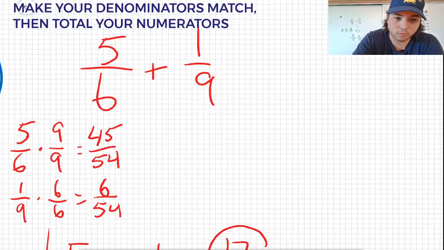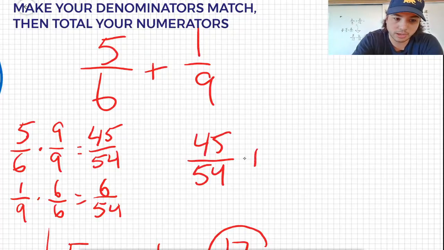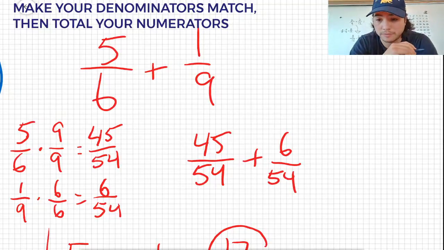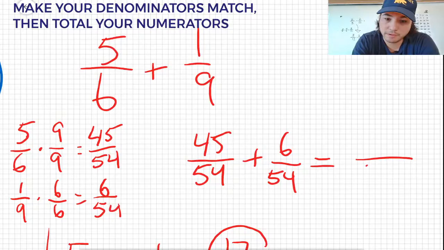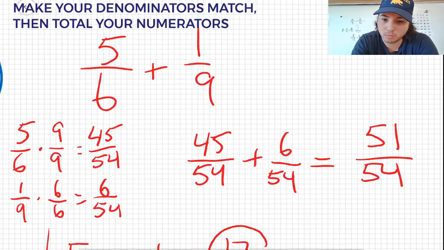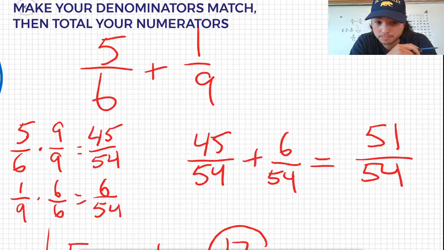So then we have 45/54 plus 6/54. If you're not trying to do this with me at this point and just watching, that's great, okay? Because this is a less efficient way to do this. And then keep your 54ths, and 45 plus 6 equals 51. So then you end up with 51/54.